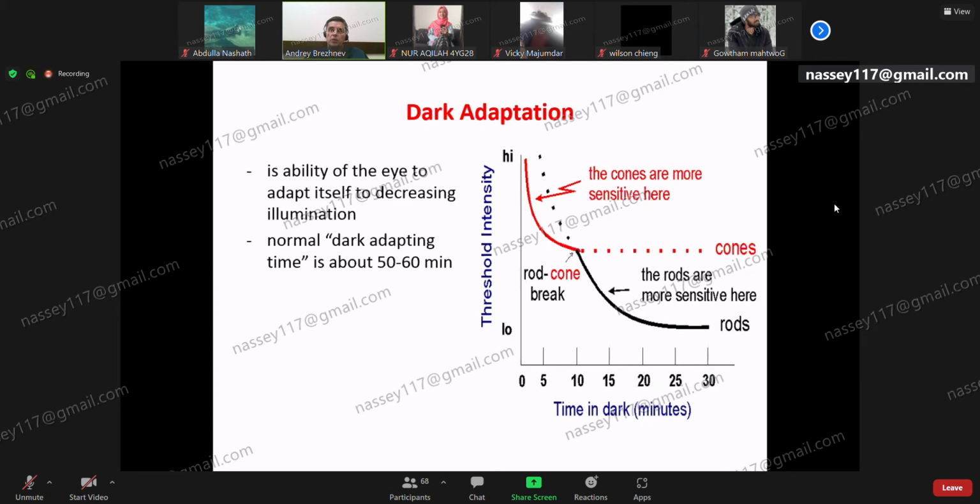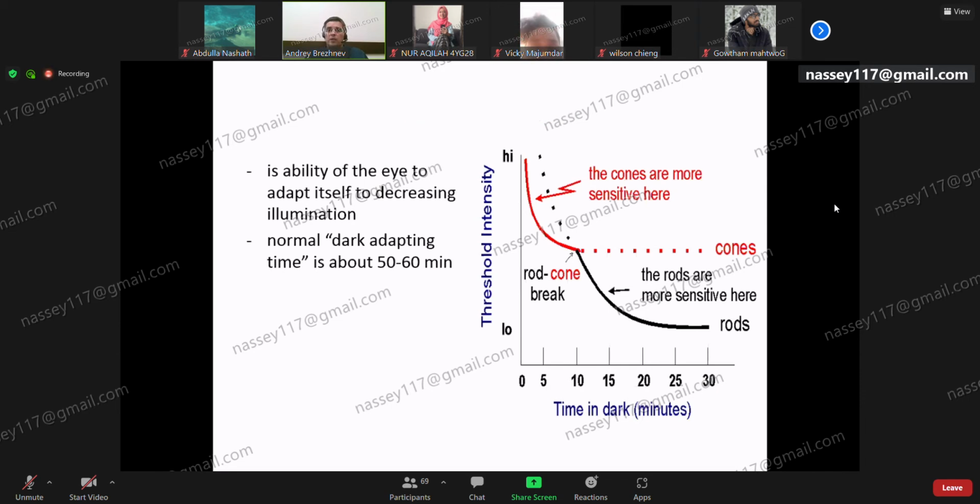Light adaptation, on the other hand, is an ability to discriminate between the shapes of the objects. Cones play a major role in this facility, and form sense is most acute at the fovea, where there exists a maximum number of cones.